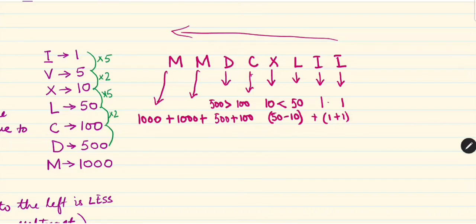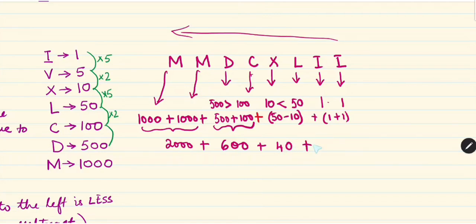So let's put a plus here and a plus here. So what do we end up with? This is 2,000 plus 600, 500 plus 100 is 600. 50 minus 10 is 40 plus 2, right? 1 plus 1 is a 2.